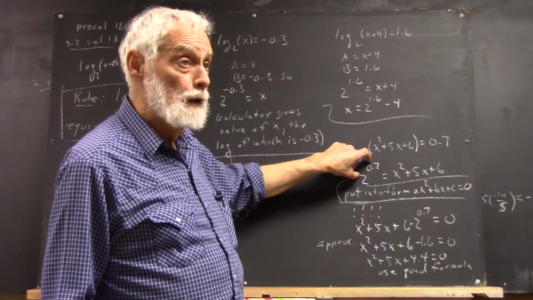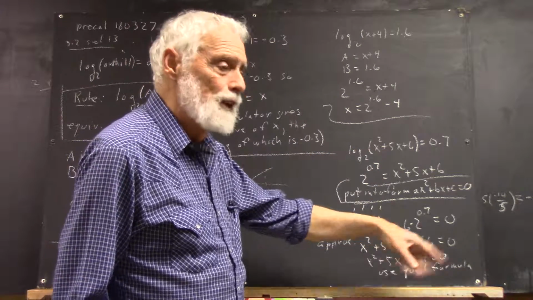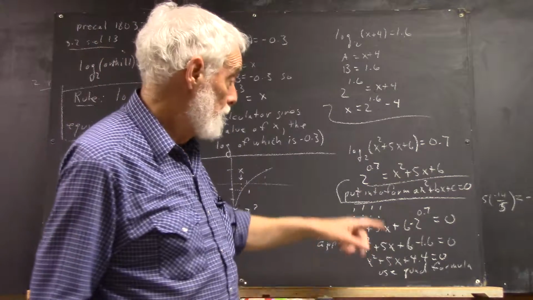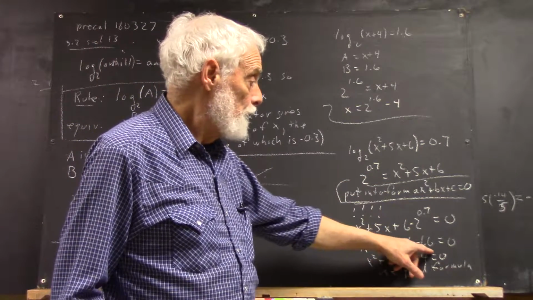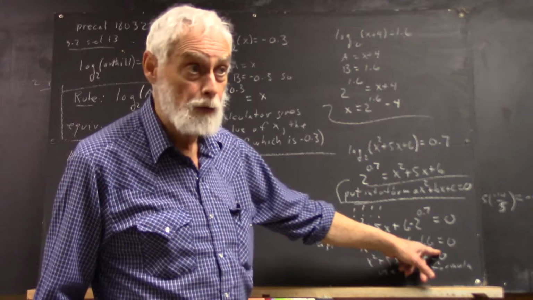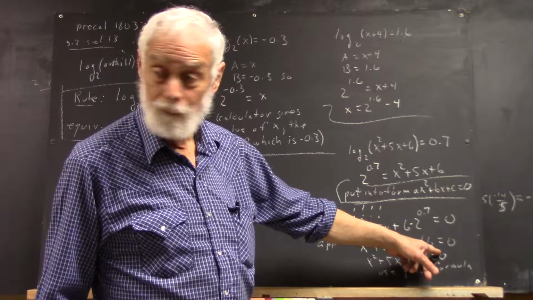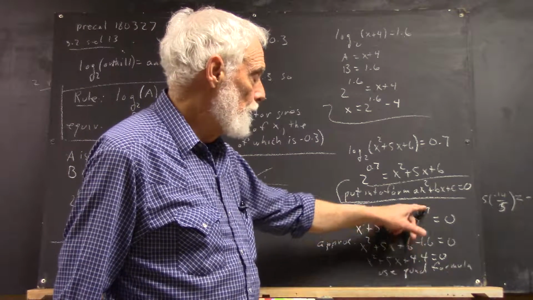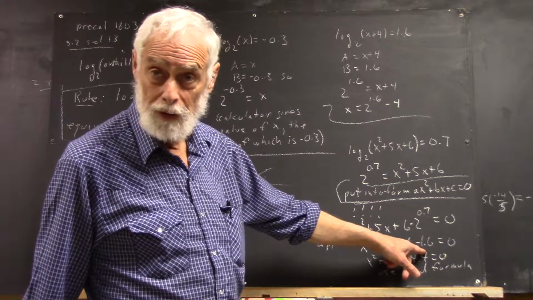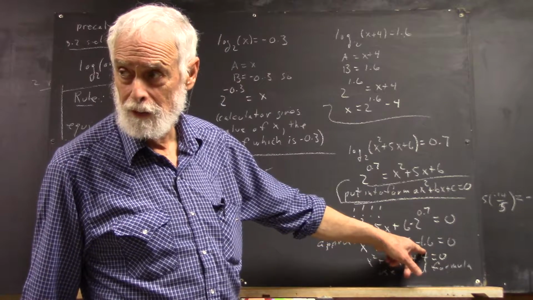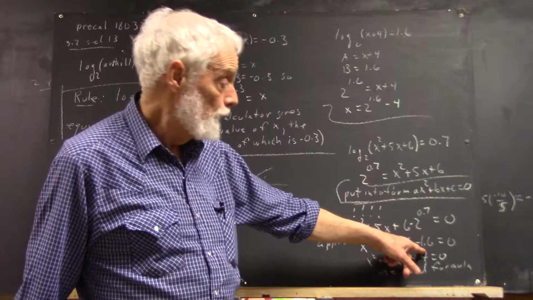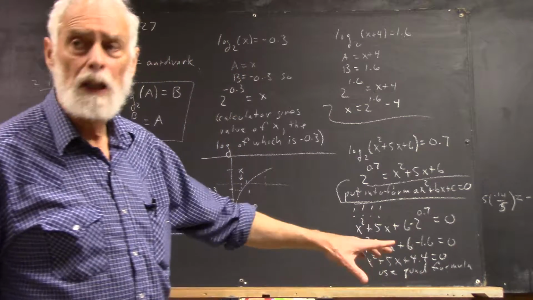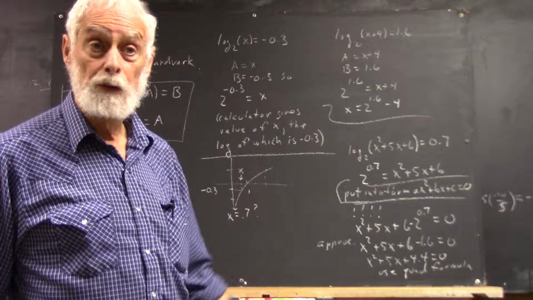If you want a really accurate solution, your calculator will give you 10 decimal places, so you could use a couple more significant figures. And I say approximate because 2 to the 0.7 is not 1.6, it's just close to 1.6. So any solution we get using 1.6 is most likely close to a good solution.